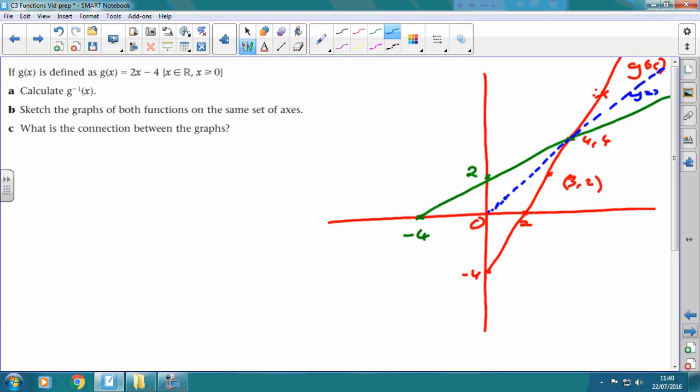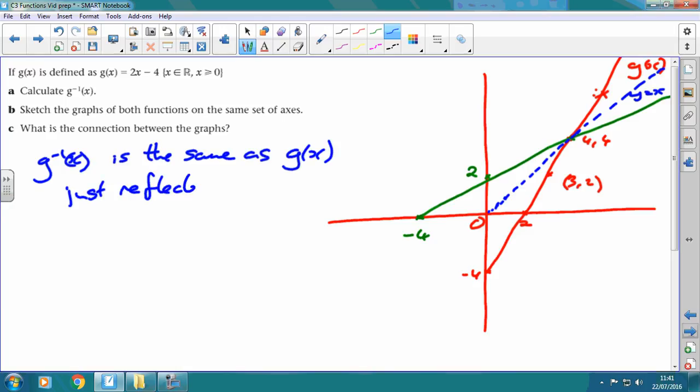That is the key thing to note for this function's graph. And that's a key point to remember. So once you've done one graph, you know what the line y equals x looks like. It's the diagonal one. And then you reflect it in that line and you get the inverse graph.